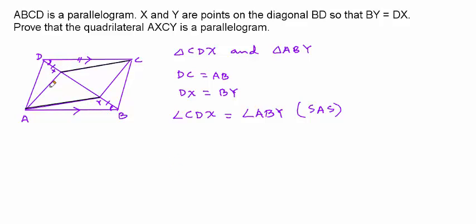And in the same exact way, if you look at triangle ADX and triangle CYB, so we have this side the same length as this side, the opposite sides of a parallelogram. So we have AD the same length as BC, DX obviously is equal to BY, given, no problem with that.